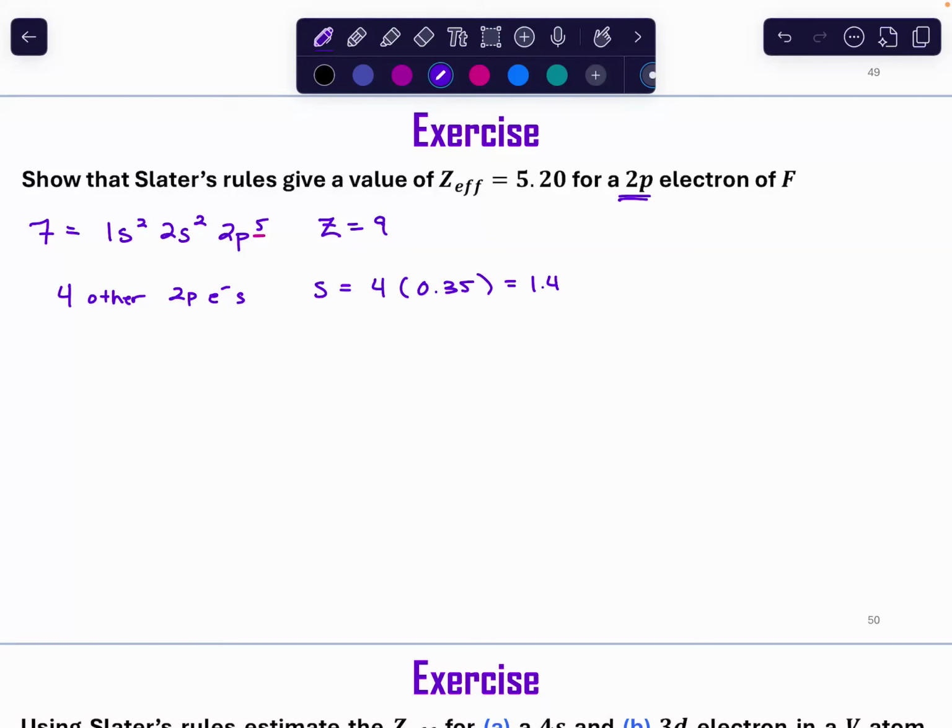Now, what about your 2s electrons? Those are still part of the n equals 2, the 2s2p group. So that'll be 2 times 0.35, and that's going to give us 0.7. And then you have two 1s electrons, your n minus 1 electrons.